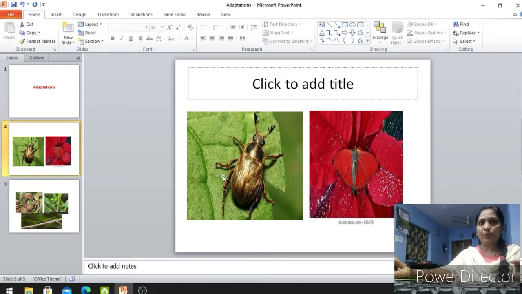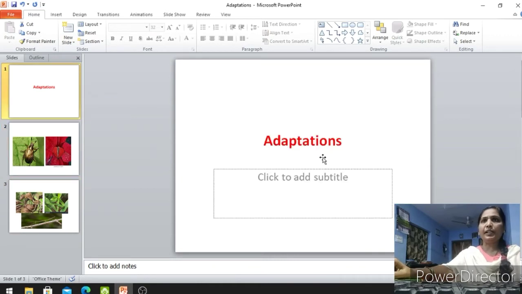If it couldn't develop a tough coat, it would be very difficult for the beetle to survive in hot, dry conditions. So the change which occurred in the beetle is known as an adaptation, and because of it the beetle is surviving in hot and dry conditions.